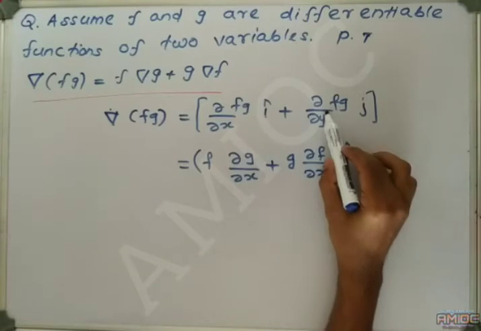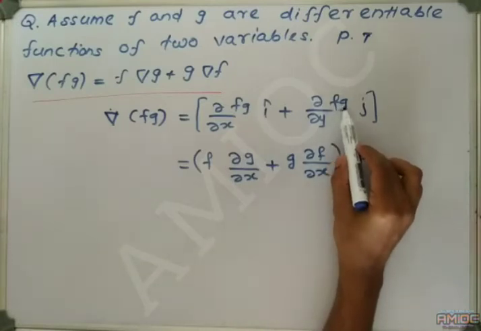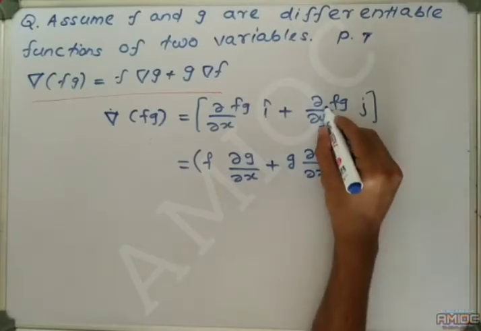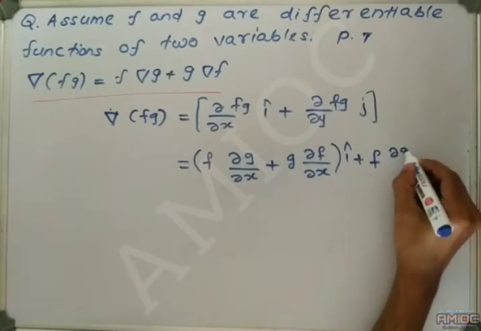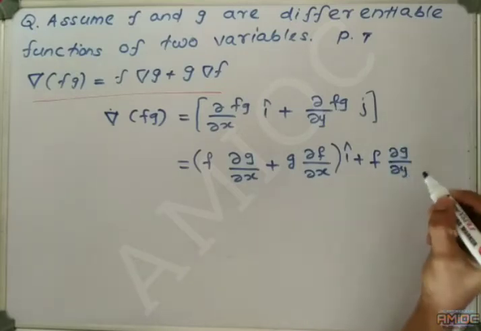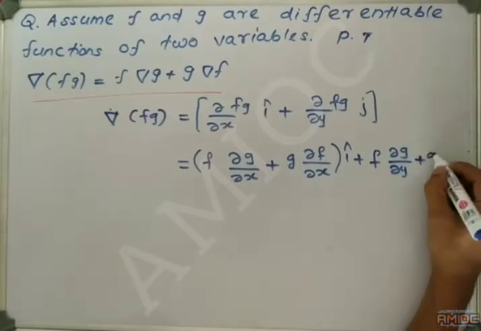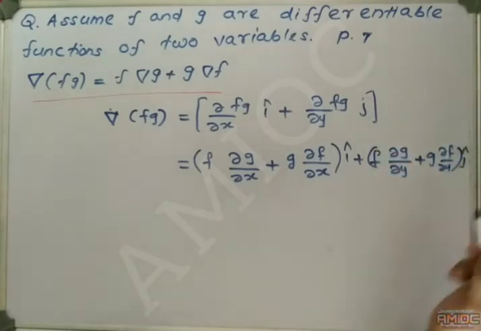Similarly, the partial derivative of fg with respect to y is given by f into the partial derivative of g with respect to y plus g into the partial derivative of f with respect to y, into j cap.